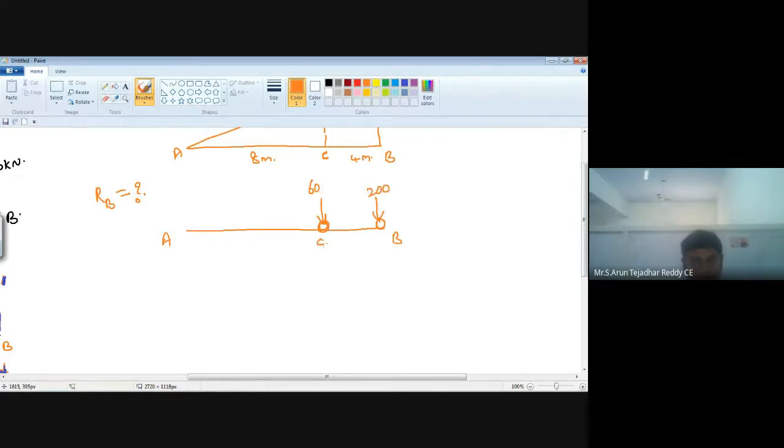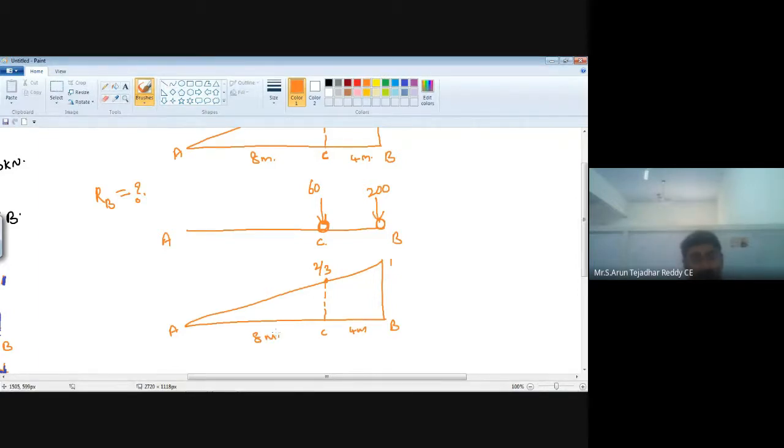It is C. Now A, B, and here we calculated one value, that is 2 by 3. It is C, 4 meter, 8 meter. Now find out the RB value.